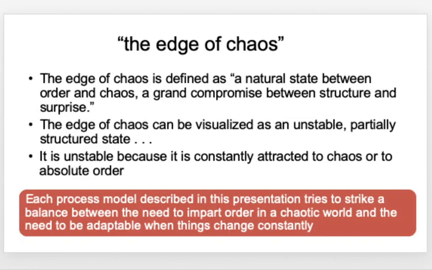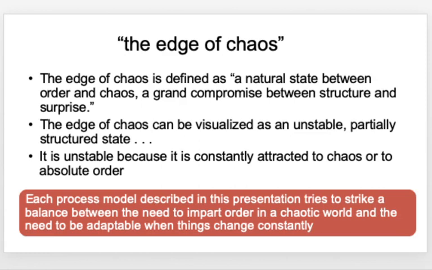When I say the edge of chaos, it is nothing but a natural state between order and chaos, and it is always a compromise between structure and surprise. It is nothing but an unstable, partially structured state.